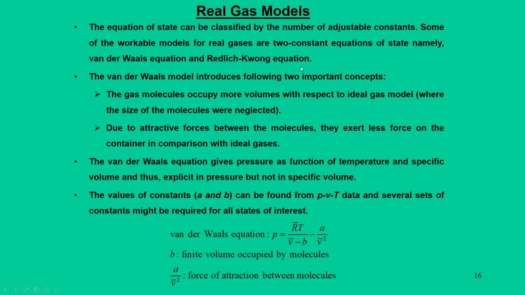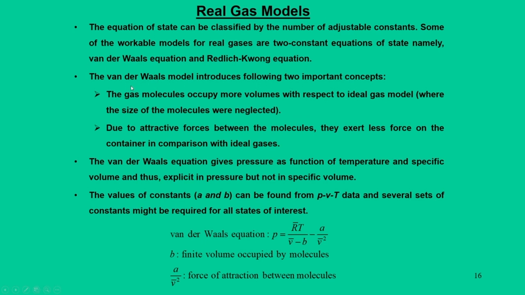Out of these, there are two important, widely used models, and they involve two-constant equations. In a real gas equation of state there can be multiple constants A, B, C, D, but the most widely used are the two-constant models. One is the Van der Waals gas equation, the other is the Redlich-Kwong equation. We will emphasize only these two.